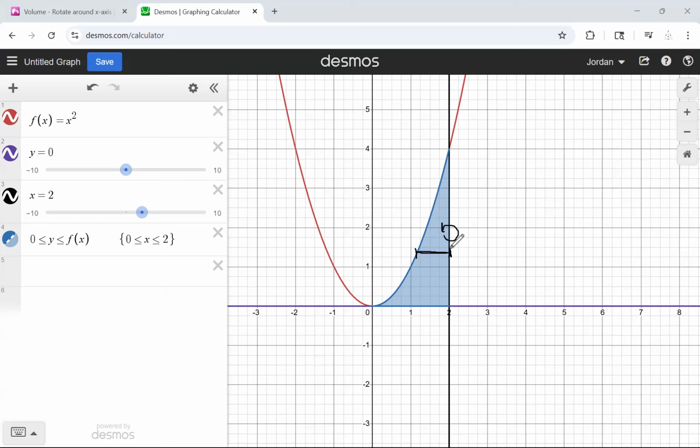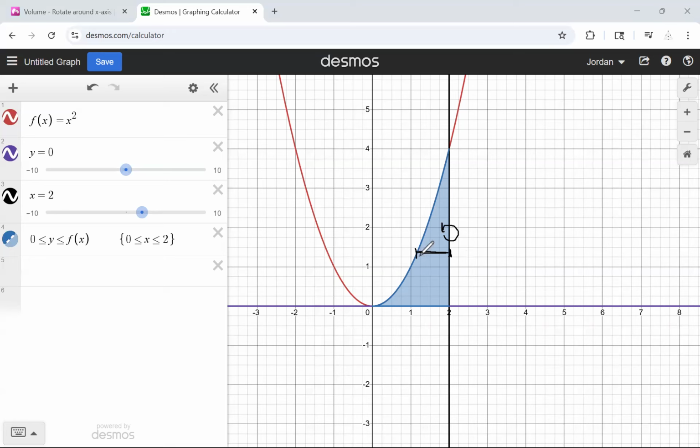Now you can go from 2 down to the curve or from the curve down to the 2. It's not going to matter because we're going to square that, right? We're going to take a radius squared. Technically, if I want a positive radius, it's 2 down to the curve because 2 is going to be bigger than these values on the curve. But you can subtract either way because we're squaring it. It's not that big of a deal.